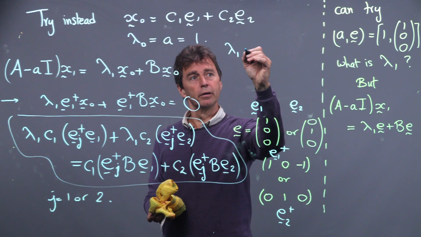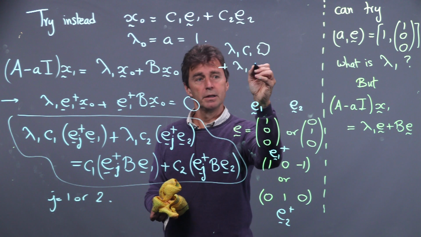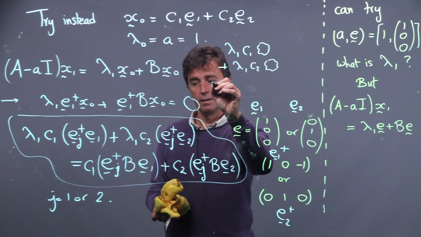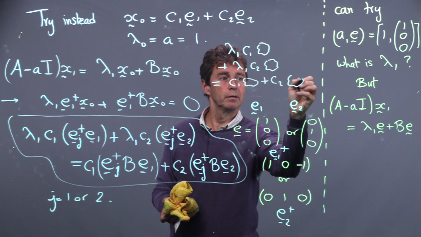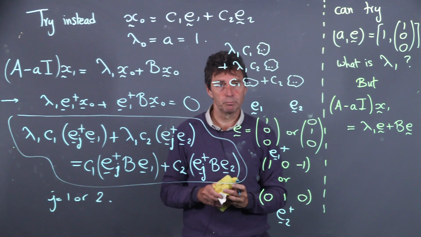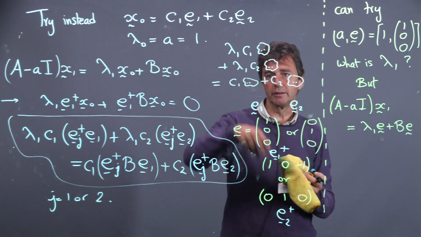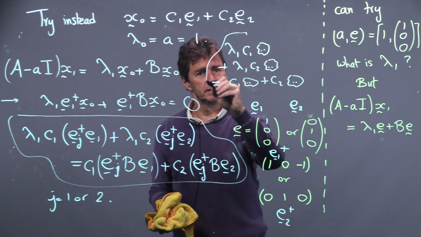So there's a lambda 1, there's a C1 times something, plus a lambda 1 C2 times something, equals a C1 times something plus a C2 times something. Right, those are numbers, and I've just picked out the things that I don't know, and there are two of these. Right, so this is a two set of equations.